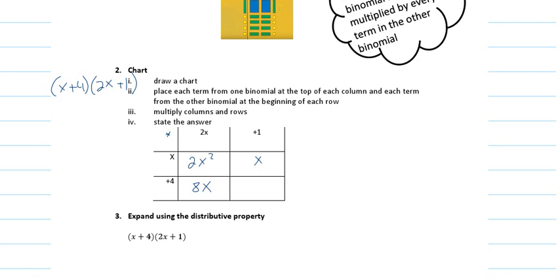Now I have 4 terms, right? Do I have like terms? Yeah, 8x and x. So these are my like terms, right? What do they make? 9x. So that means my solution is going to be 2x squared plus 9x plus 4.